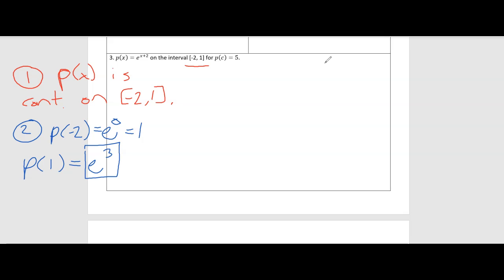E is around 2.7, so it's around 2.7 cubed. 2.7 cubed, though, is going to be greater than 5. So 5 is between p of -2 and p of 1.